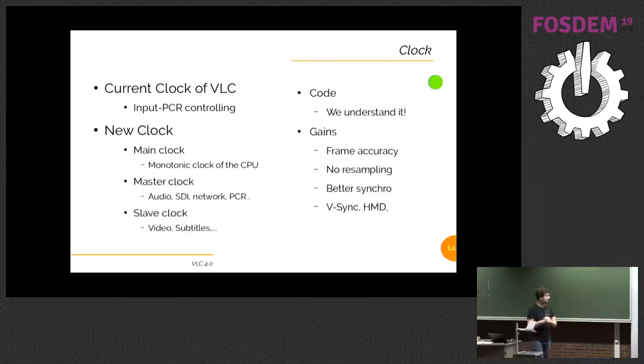Clock. Okay. So the current clock of VLC is based on the input PCR. For those who don't know what PCR is, a very simple way to put it is that it's basically the clock of the encoder. So when the encoder, sorry for the people who are very precise, it's not exact, but basically the encoder, when it codes, gives its own time, and then you can synchronize on that time.